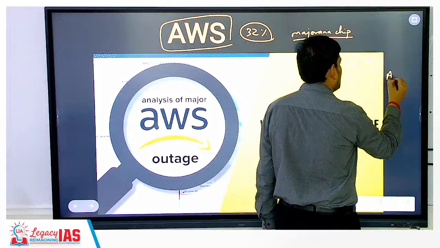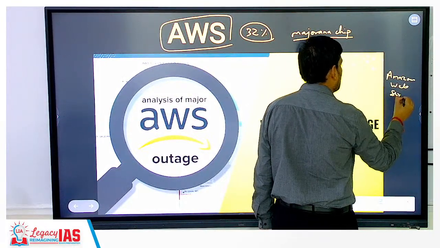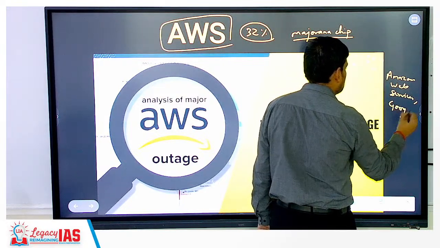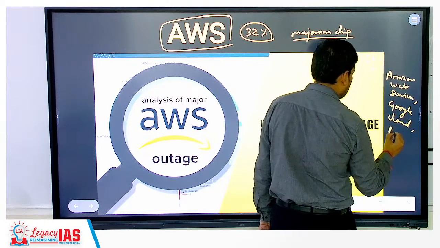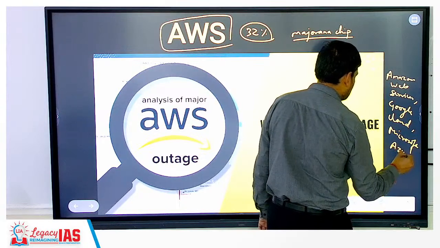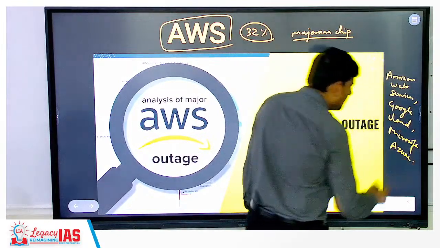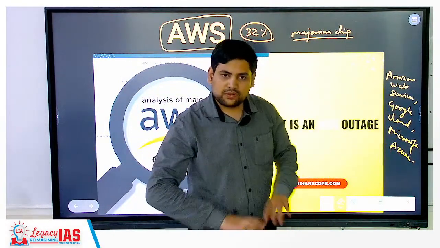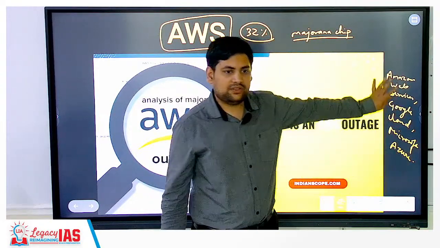There is Amazon Web Services, then there is Google Cloud, and Microsoft Azure. So these are the three. They control almost 60-70% of whatever you see on the internet. It is being hosted by their servers.